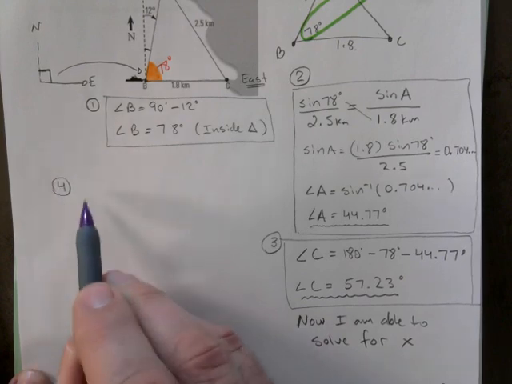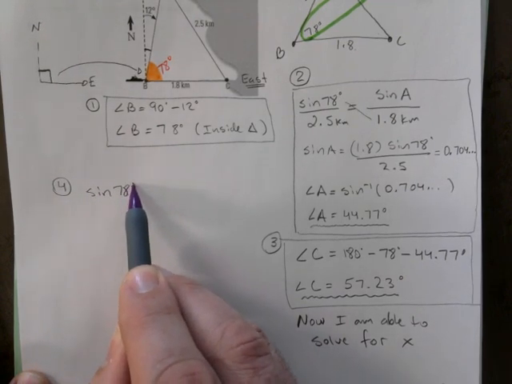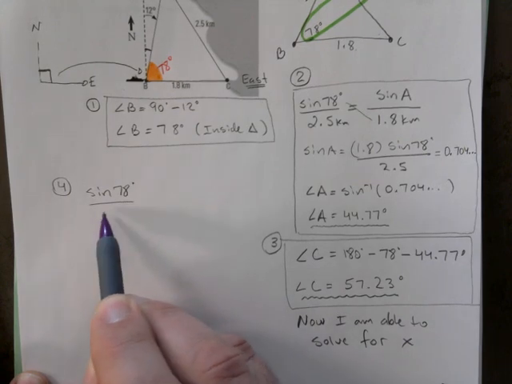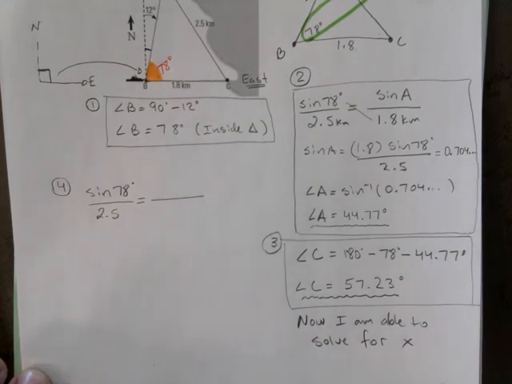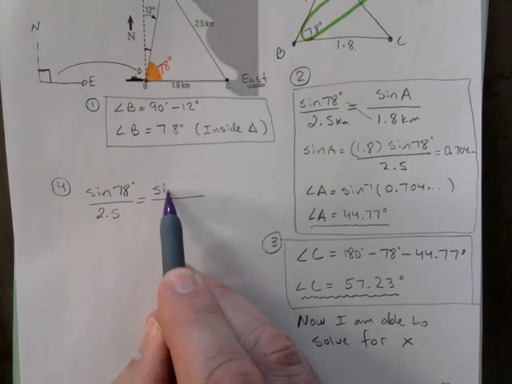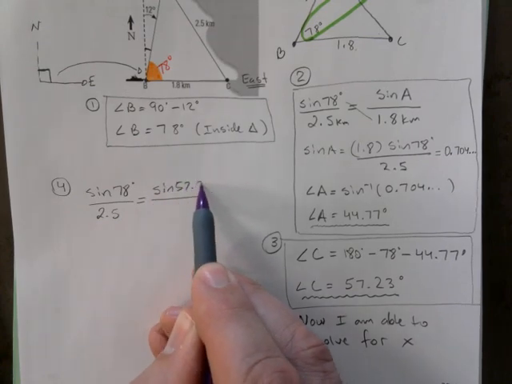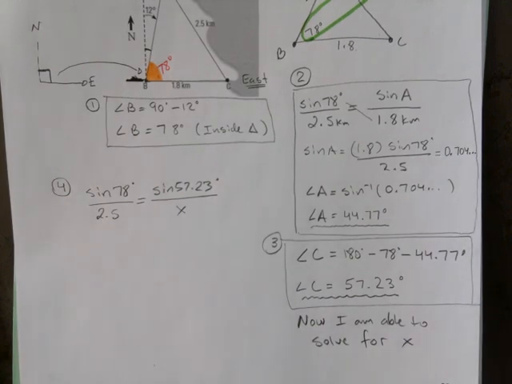Fourth step, sine of 78 over 2.5. That's the original pair there. I'm going to use sine of 57.23 over x. And I'm going to do some highlighting when I'm done this.